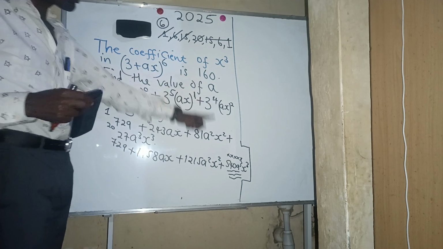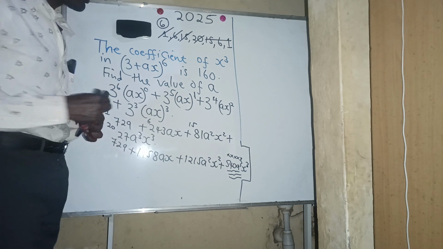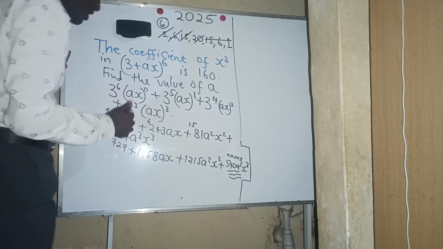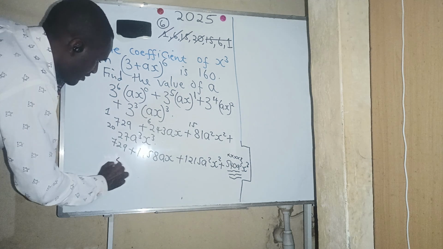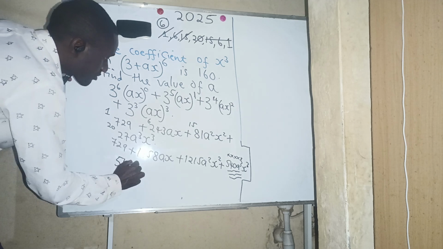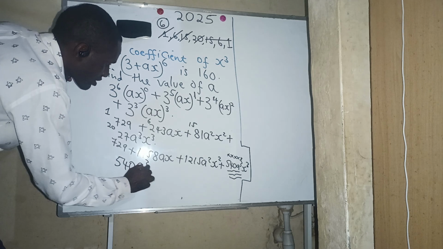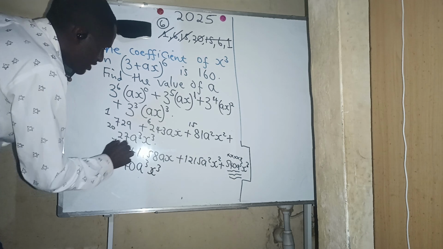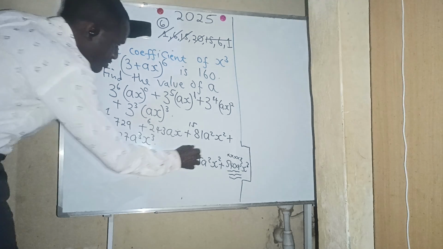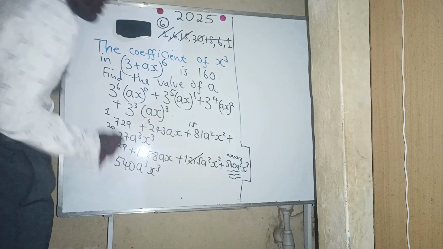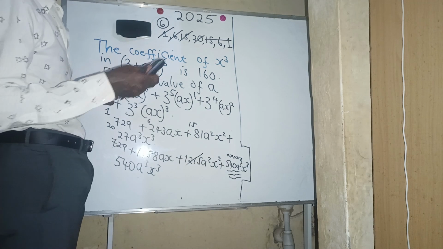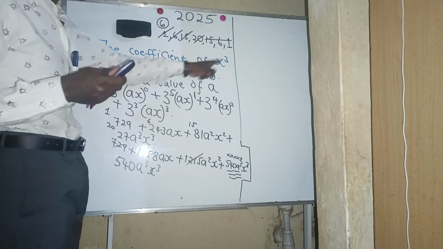And they're asking us to get the value of what? A. So we shall come down here and write 540 a cubic x cubic. We shall not use this, we shall not use this, we shall not use this. We are going to use this last part. Why? Because the question is so much centered on that part that has the x cubic.